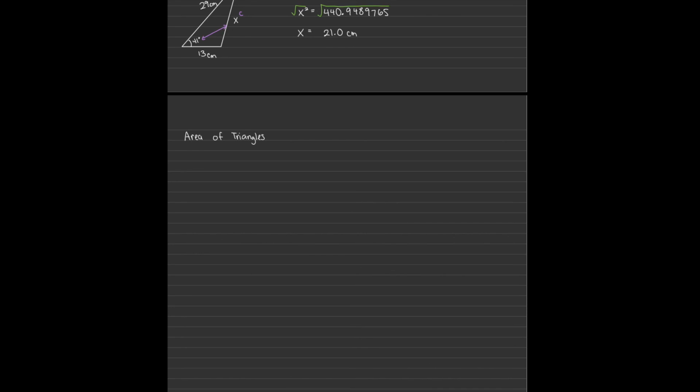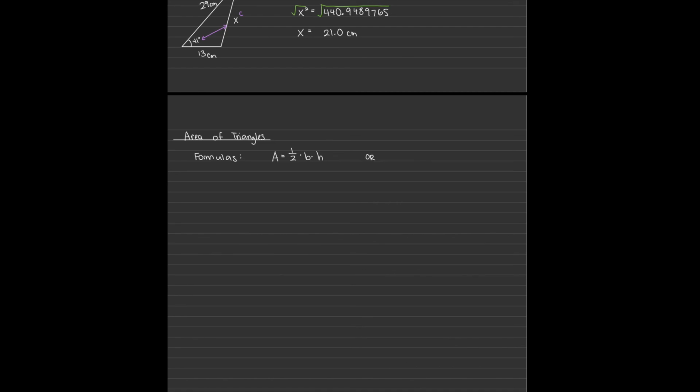The area of triangles. And there is a formula that I believe most everyone is comfortable with, but there's also a second formula that we're going to introduce today. So formulas, if you are given a base and a height, then the one we've learned before is A equals 1/2 base times the height.